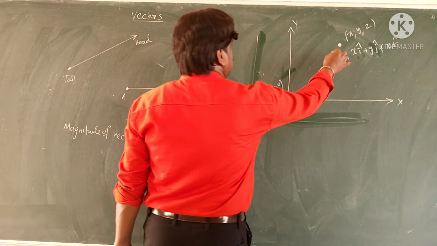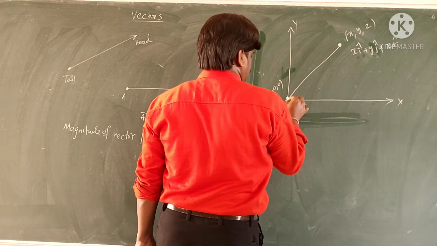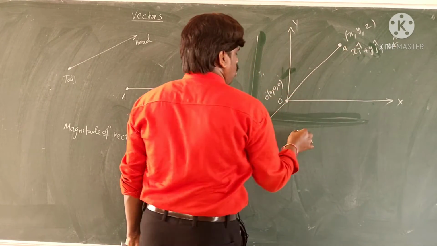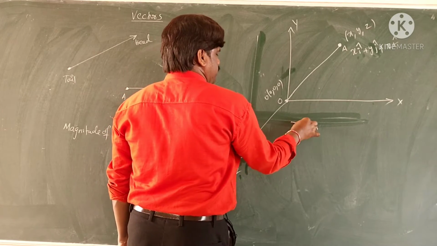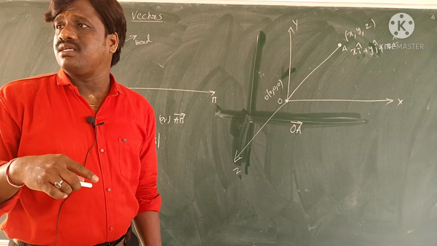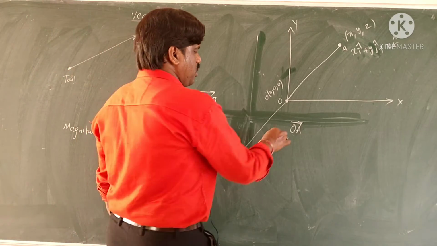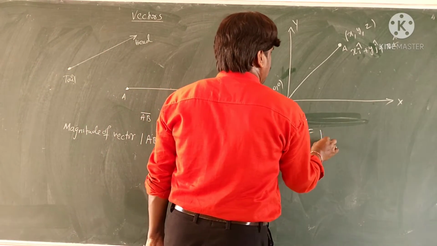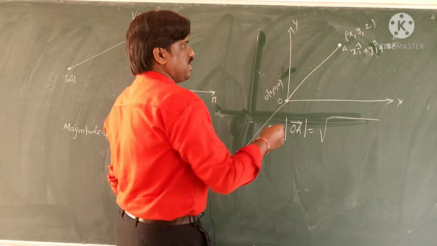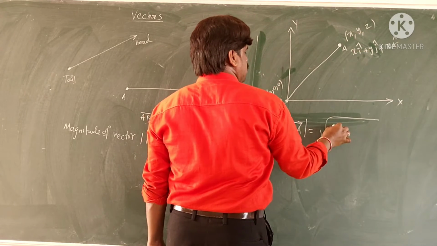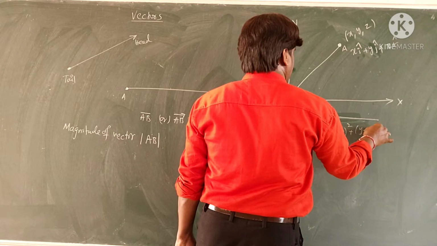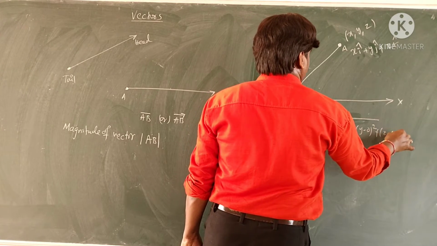So when I join these two things, suppose this is O, this is A. OA is a vector. The magnitude of OA will be, by the distance formula, the square root of (x minus 0) whole square plus (y minus 0) whole square plus (z minus 0) whole square.